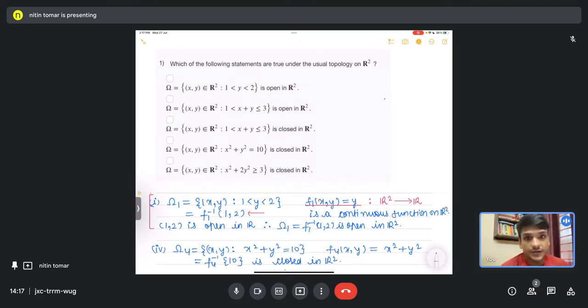Now f1 is continuous and the open interval (1, 2) is open in R. Therefore omega 1 has to be open in R2.